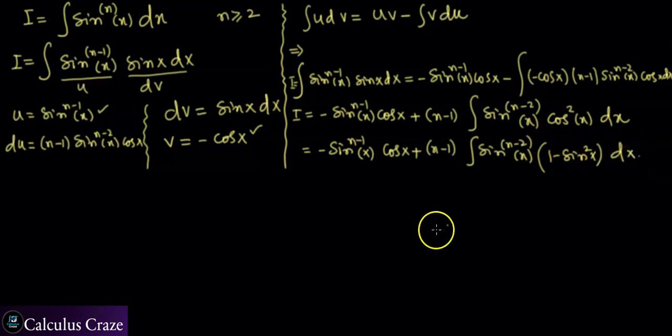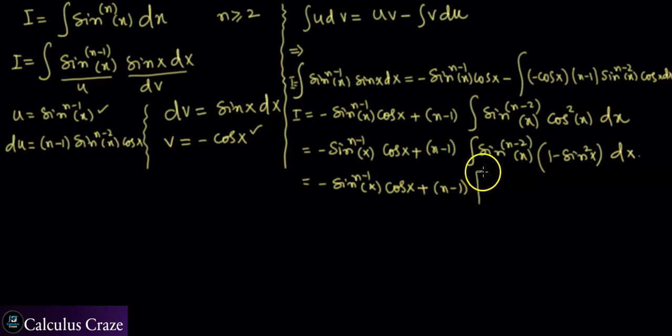So what you get from here is minus sine power n minus 1 of x cos x plus n minus 1 times the integral of sine power n minus 2 of x minus sine power n of x dx.